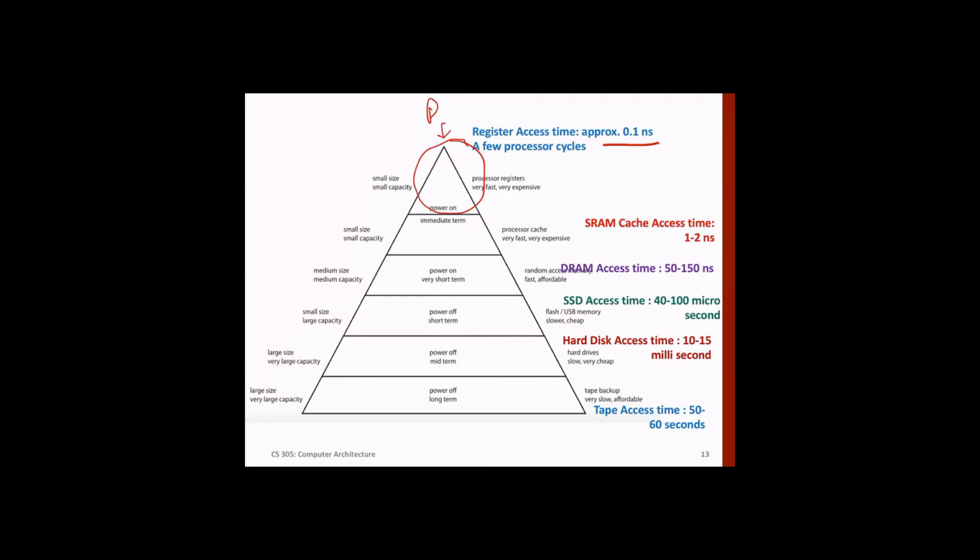Then we have cache, which uses SRAM technology, and access time is 1.2 nanosecond. So registers are 10 to 20 times faster than SRAM. And below SRAM, which is cache, we have DRAM, which is main memory, at 50 to 150 nanosecond.